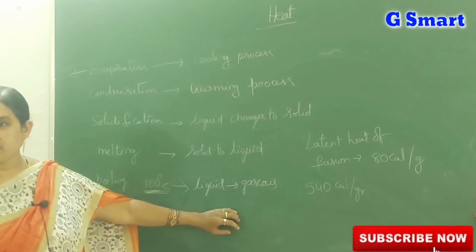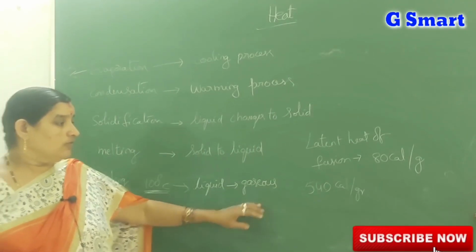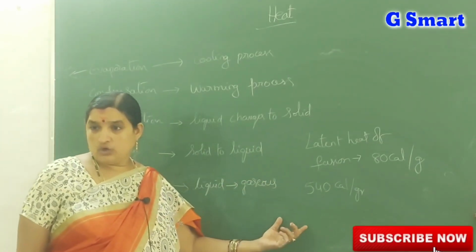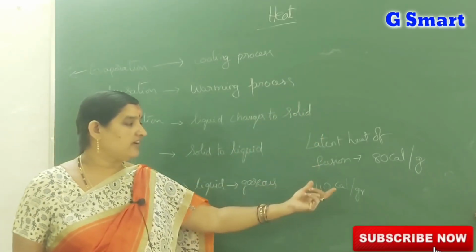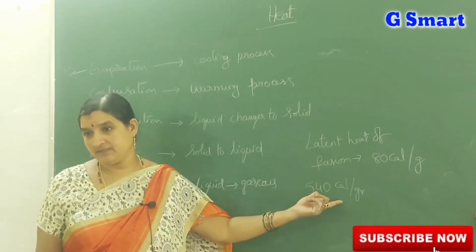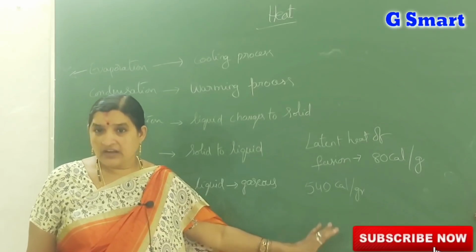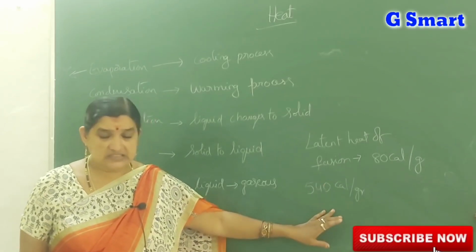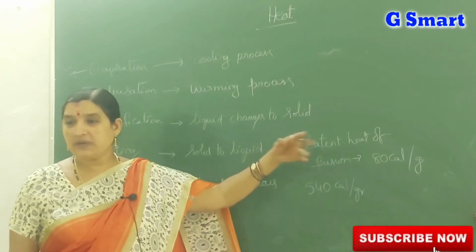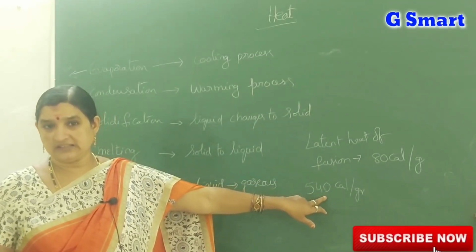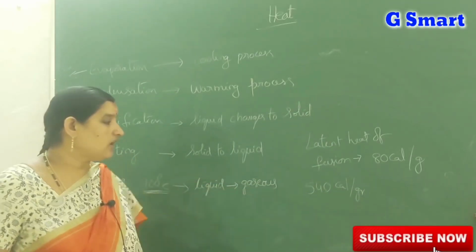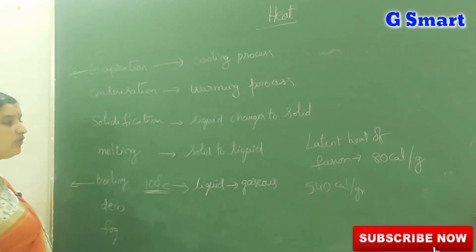What does it mean? For 1 gram of water to become completely vapor, changing its state from liquid to gas, the amount of heat required is 540 calories. That is called latent heat of vaporization.